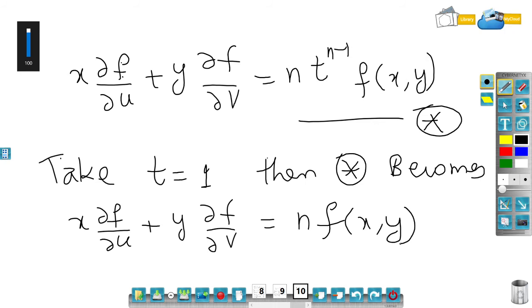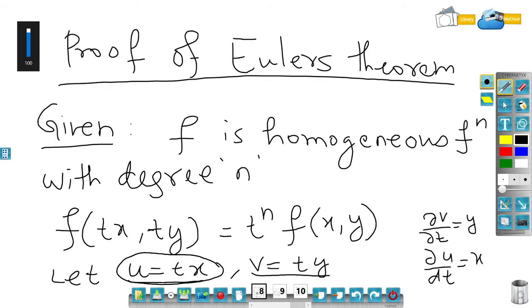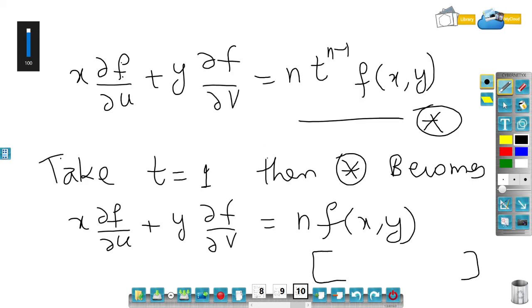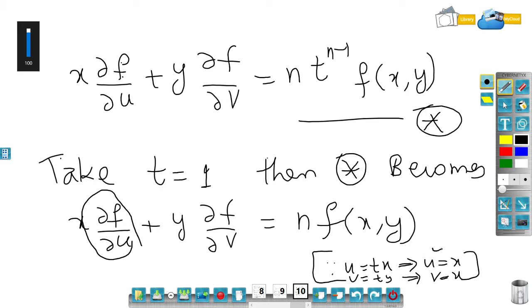Now note that if I take t is equal to 1, then we know that somewhere we have written u is equal to tx. So your u is equal to x and v is equal to y in that case. So taking partial derivative of f with respect to u is equivalent to taking partial derivative with respect to x, and taking partial derivative with respect to v is equivalent to taking partial derivative with respect to y only.